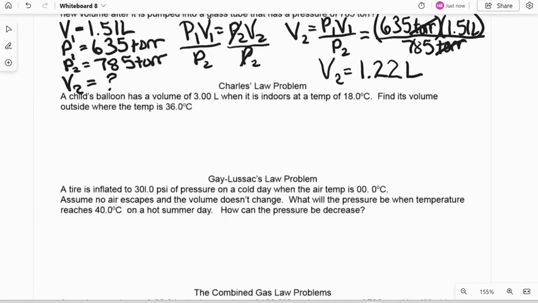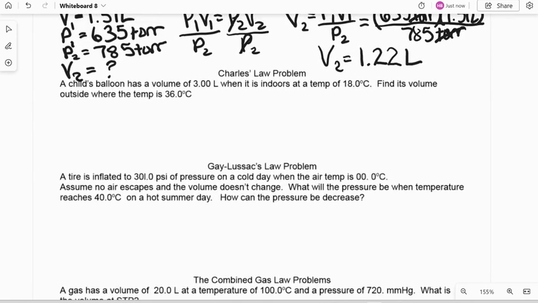Next one is a Charles law problem. A child's balloon has a volume of 3.00 liters when it's indoors at a temperature of 18 degrees Celsius. Find its volume outside where the temperature is 36 degrees Celsius. So V1 is 3.00 liters and T1 is 18.0 degrees Celsius.